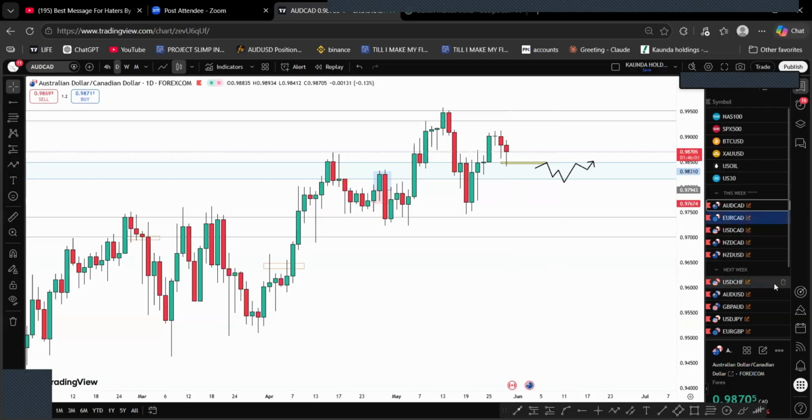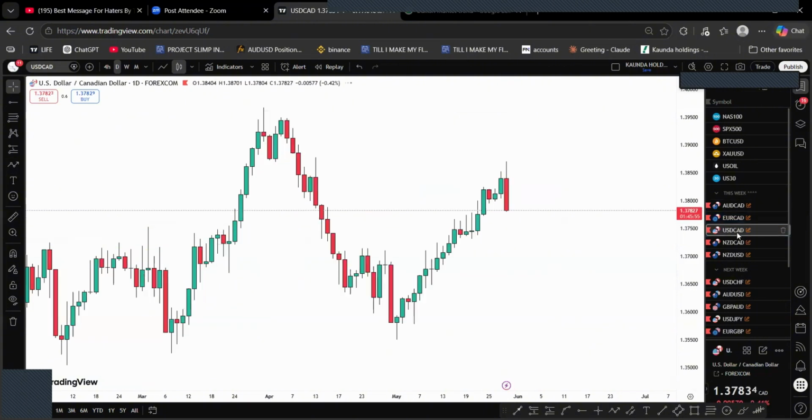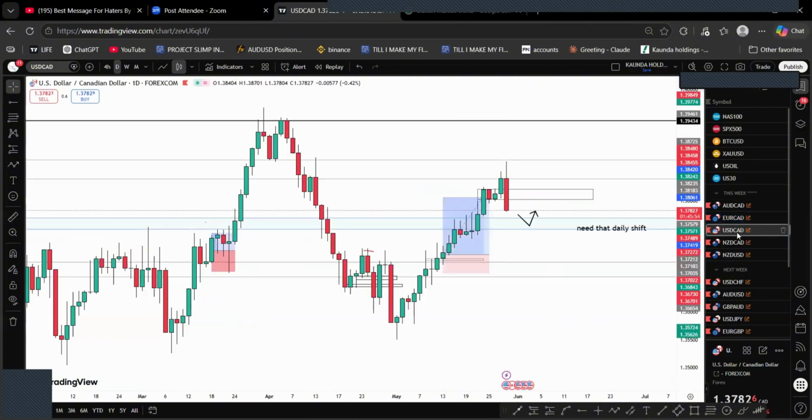And if we close the same way next week, many of these will move them from our interest. But this would have been a very nice buy. The only bad part is the daily is bearish, so we have to wait for the daily to go bullish again, and then we can catch that buy.